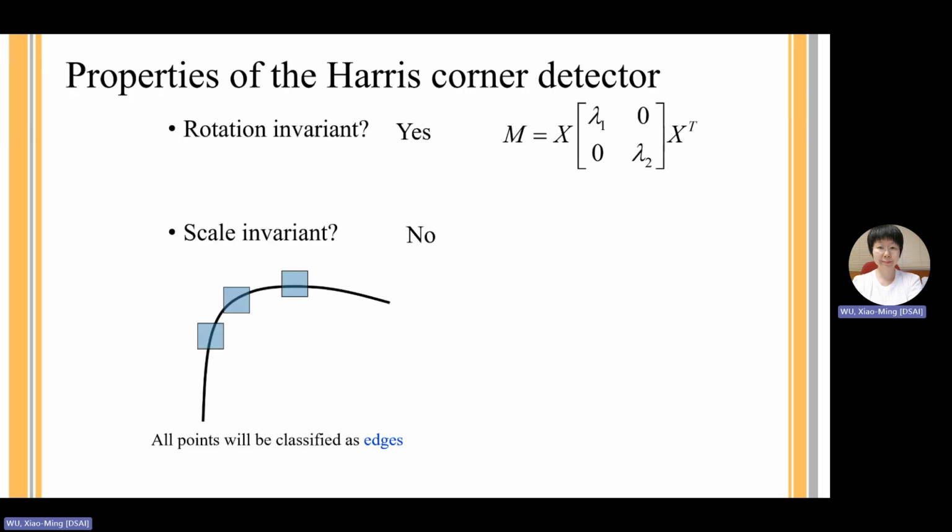Well, simply put, if you move the window along the edge of the corner, this way or this way, the edge of the corner will look like edges to this window.